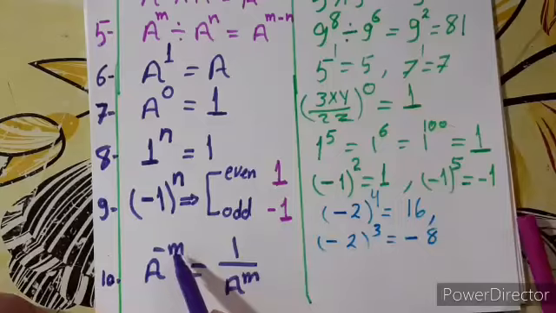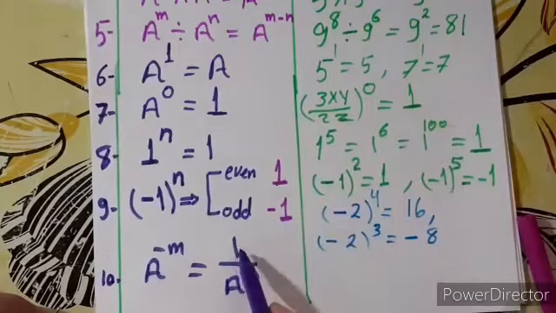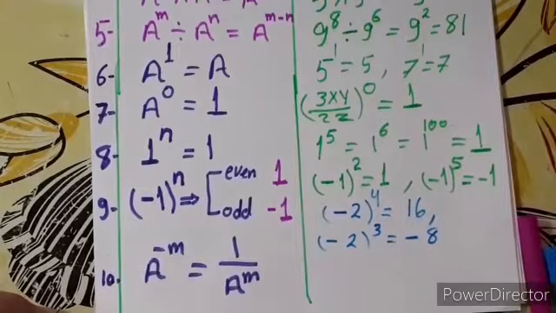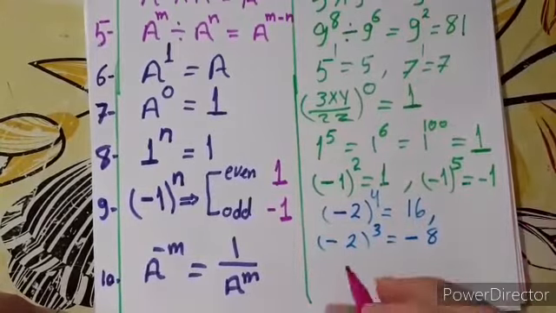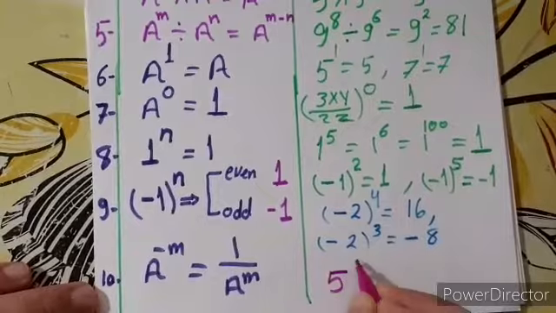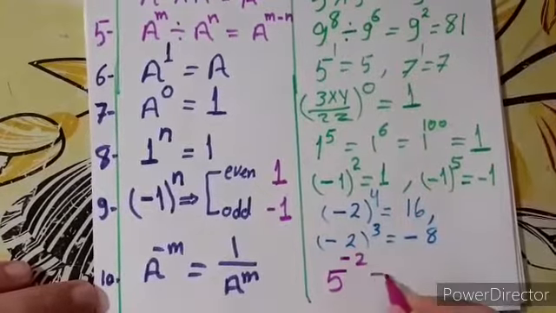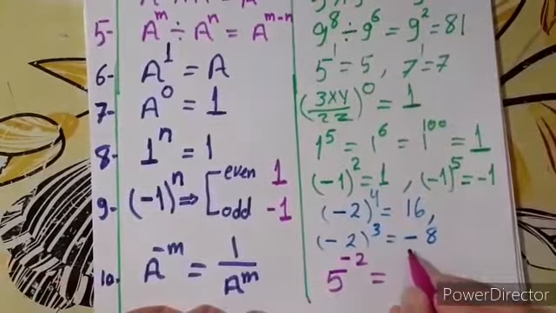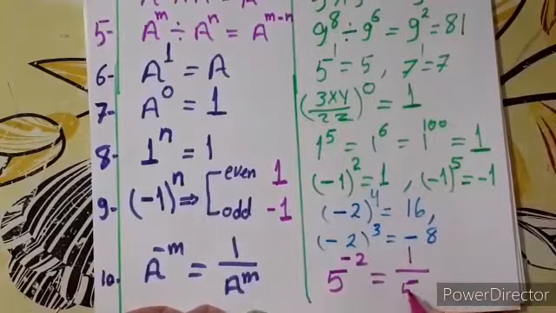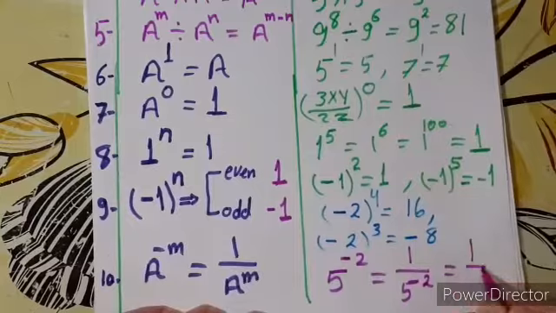A power -m becomes 1 over a power positive m. For example, if we have 5 power -2, we can write equals 1 over 5 power positive 2, or equals 1 over 25.